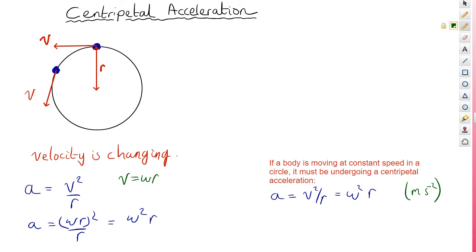Well, of course, if something does undergo an acceleration, then we know from Newton's second law, F equals ma, that there must be a force causing that. And so the fact that there is an acceleration means that there must be a centripetal force, something causing that change in direction. Well, it's worth just trying to imagine what that force must be doing.